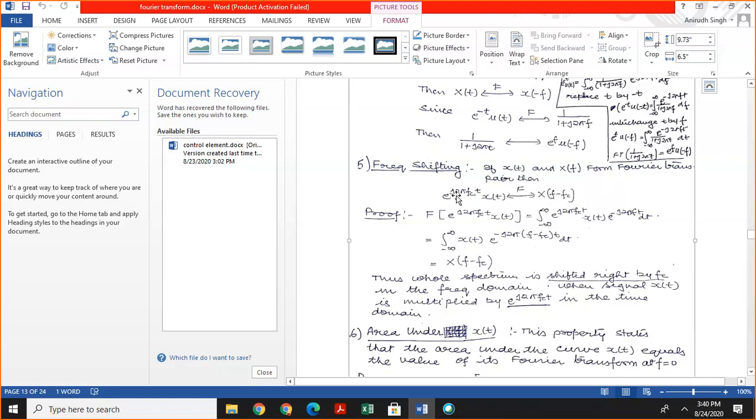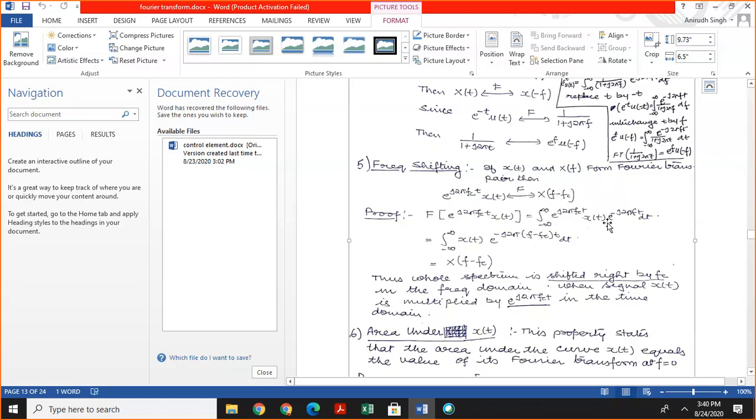Take the Fourier transform of this, and according to the definition of Fourier transform, we get the integral from minus infinity to plus infinity of exponential j2 pi fc t x of t exponential minus j2 pi ft dt.